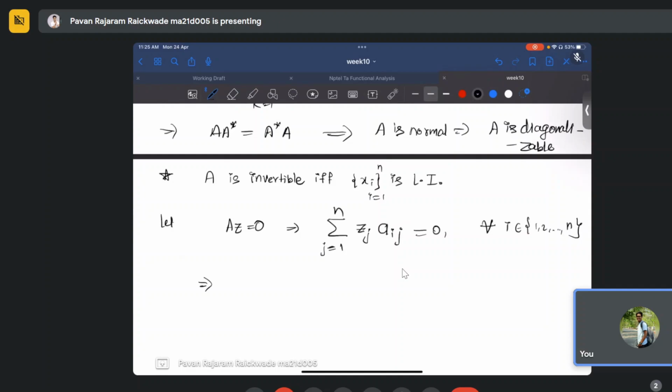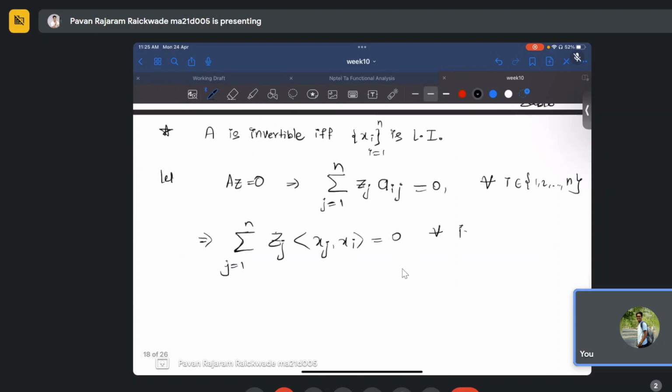That means the summation of zj times the inner product of xj with xi, which is aij, is 0 for all i, j going from 1 to n.